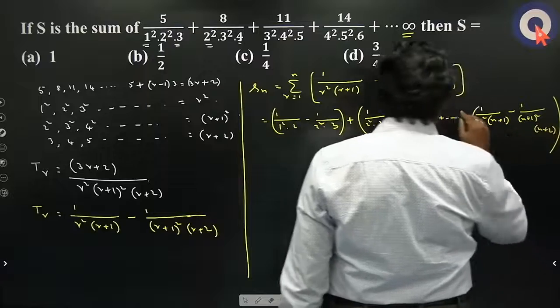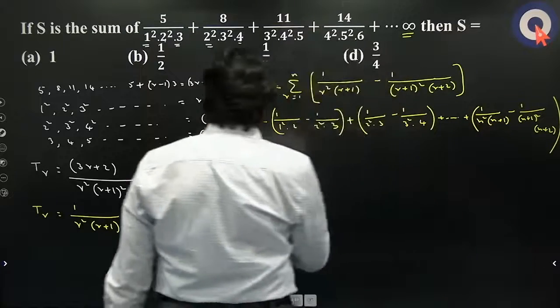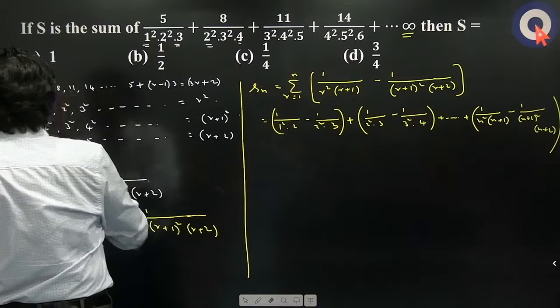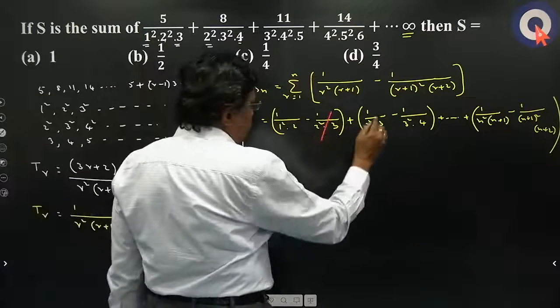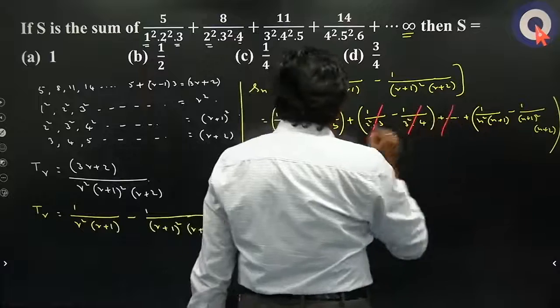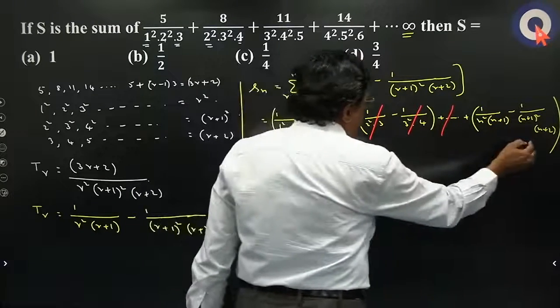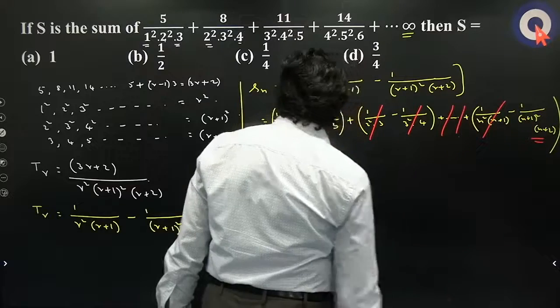So n plus 1 whole square into n plus 2. So now you can see these terms get cancelled telescopically. If the first term remains, the last term will remain. So these terms will get cancelled.